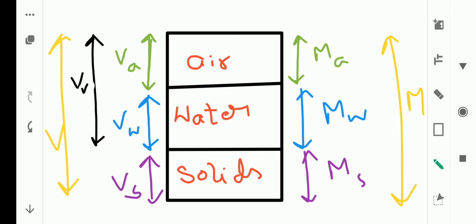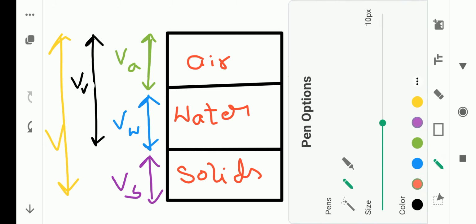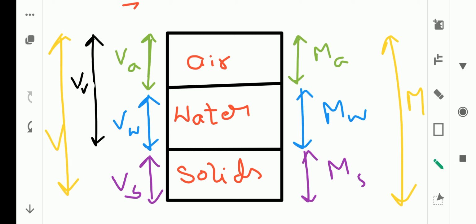Now, in a three-phase diagram, it is conventional to write volumes on the left side and mass on the right hand side. So, see this three-phase diagram. There are issues with handwriting.